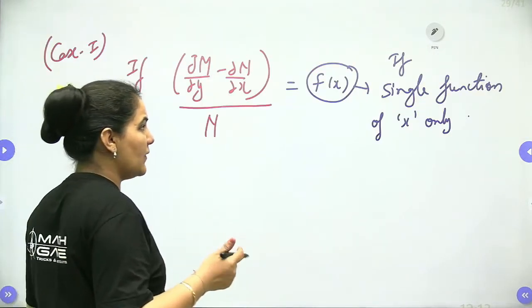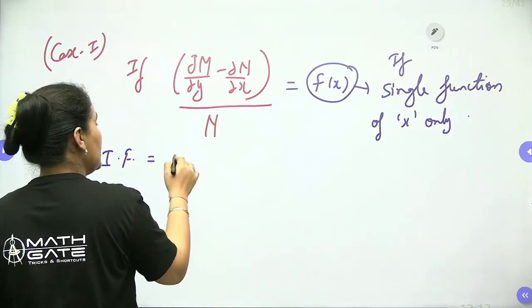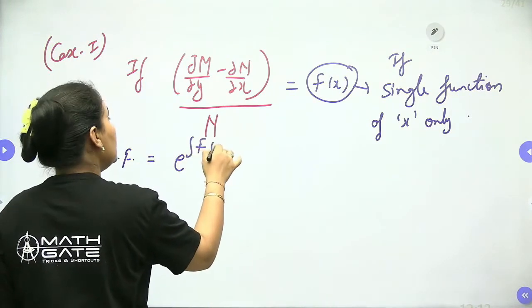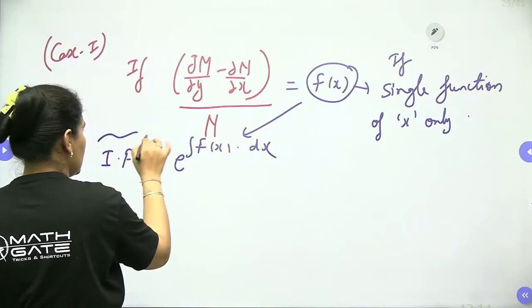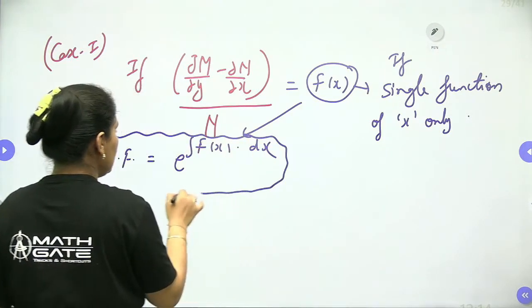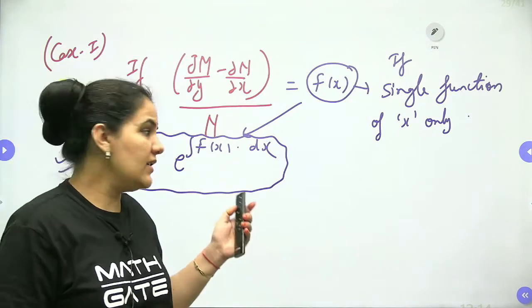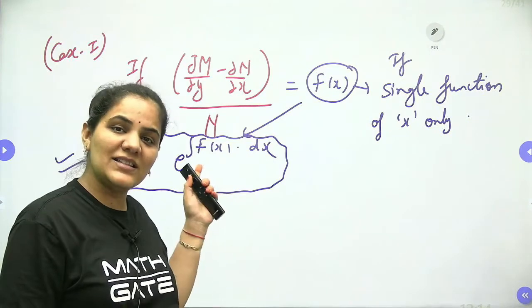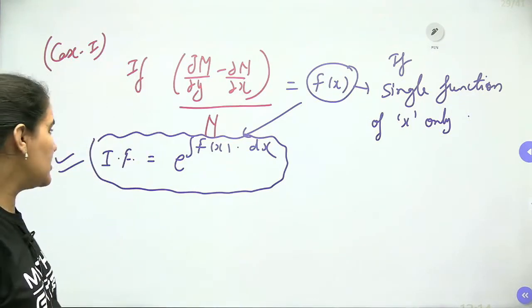If this is a single function of x only, then the integrating factor will be e to the power that single function of x into dx. You can easily approach this one.